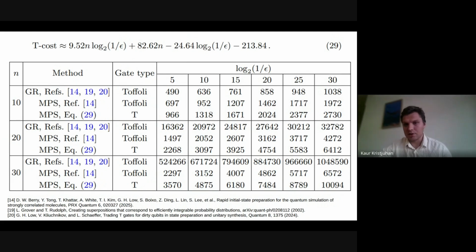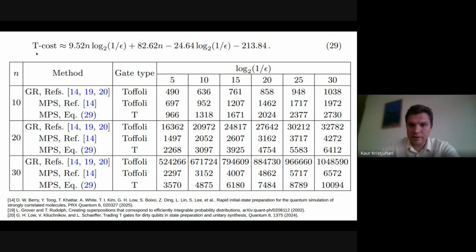The assumption we're making is that you would implement a rotation gate by synthesizing it using T gates. T gates are the metric here, since they are the most expensive kind of gate in a fault-tolerant quantum computer, because they are non-Clifford gates. Everything else in that circuit is Clifford gates.